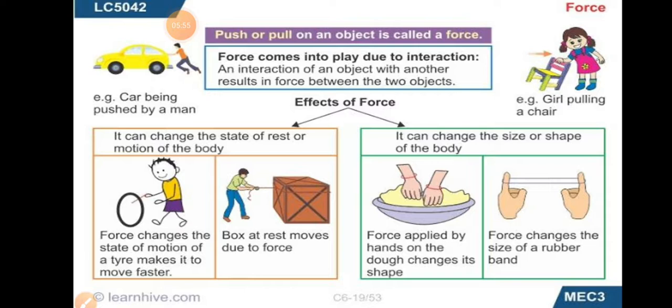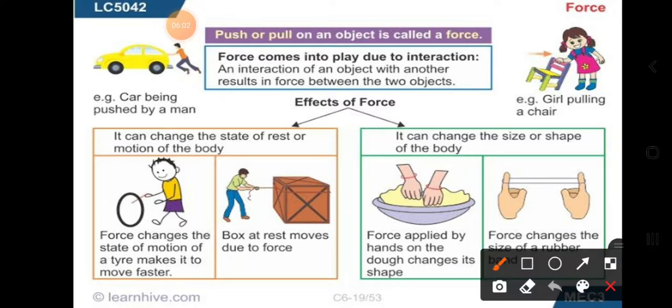Whenever a force is acting on a body, it helps to move the body from one place to another place. Your force is always helping to move the body.